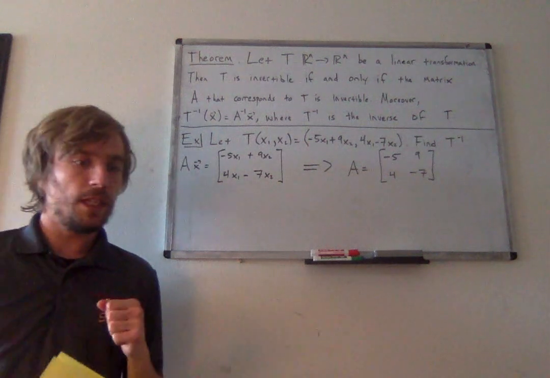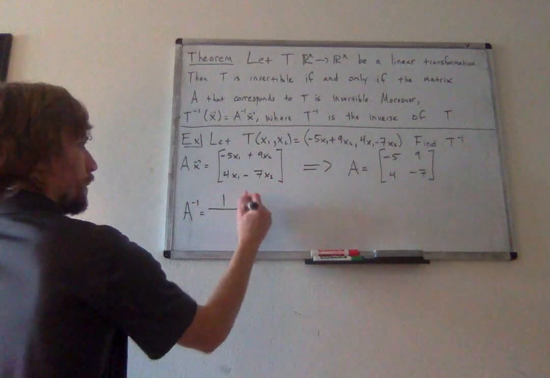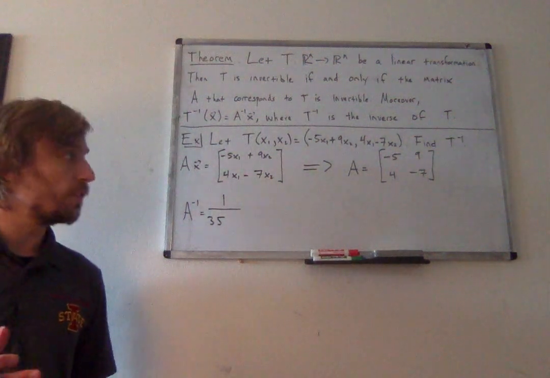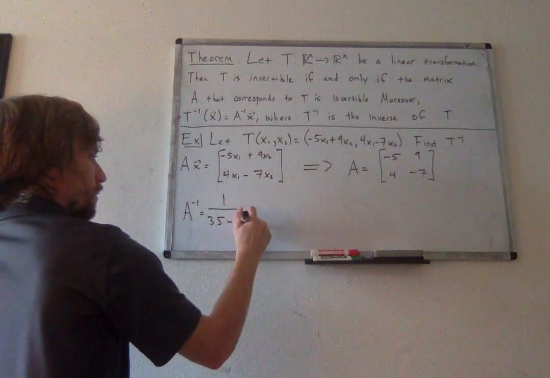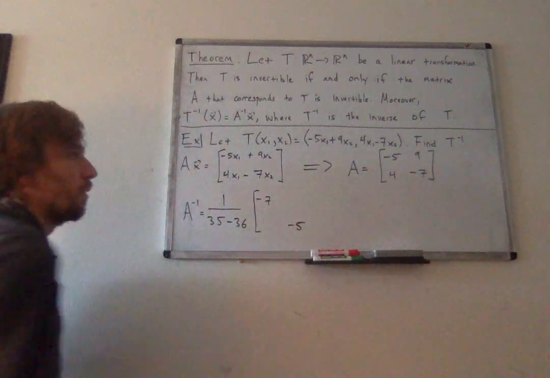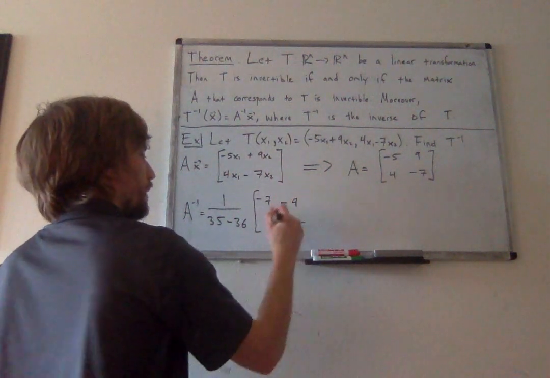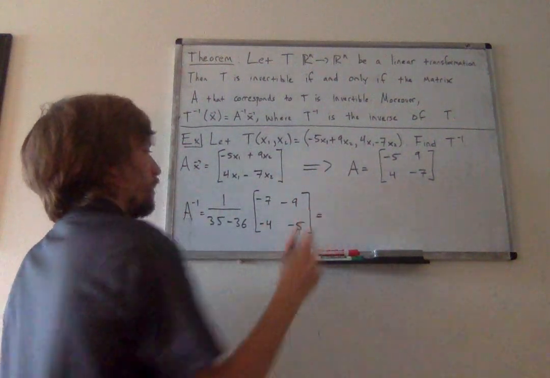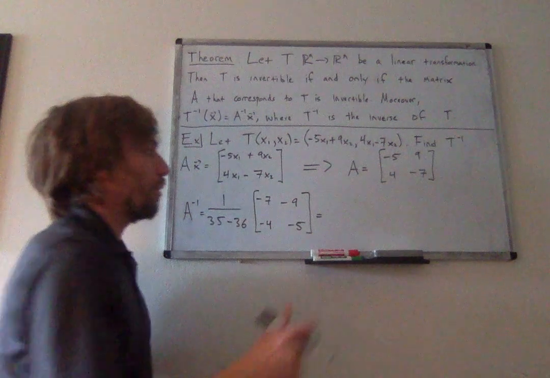And so we know how to find the inverse of a 2 by 2 matrix. Remember, it's one over the product of the diagonal entries, negative 5 times negative 7 is 35, minus the product of the two non-diagonal entries, times the matrix where I swap my diagonal, and then multiply the non-diagonal by negative 1. Well, 1 over 35 minus 36 is just negative 1. Distribute negative 1 through this matrix.